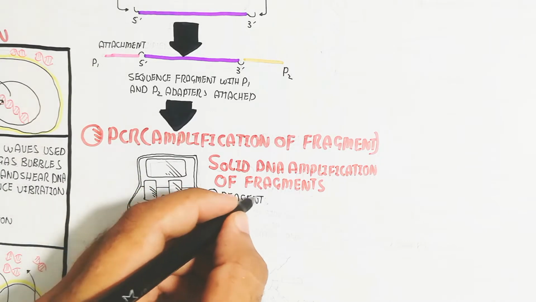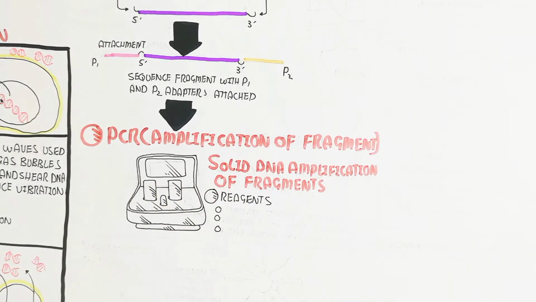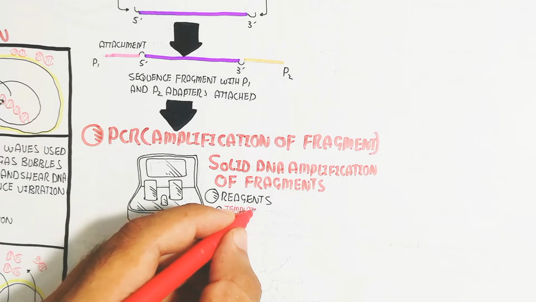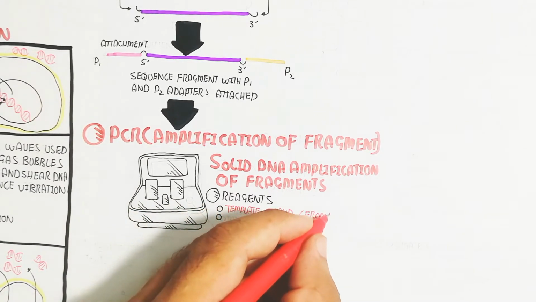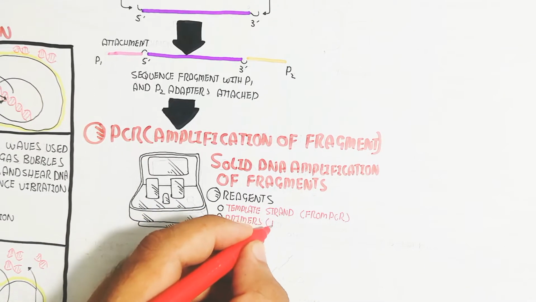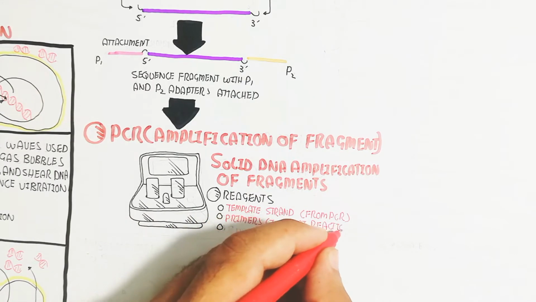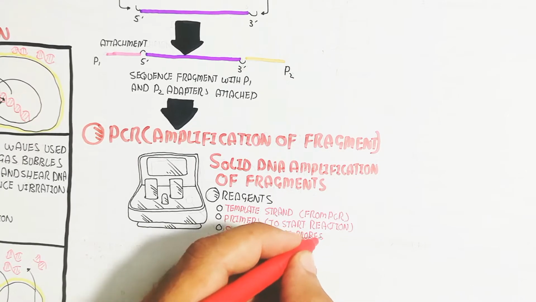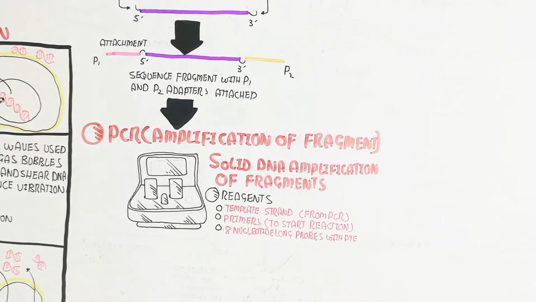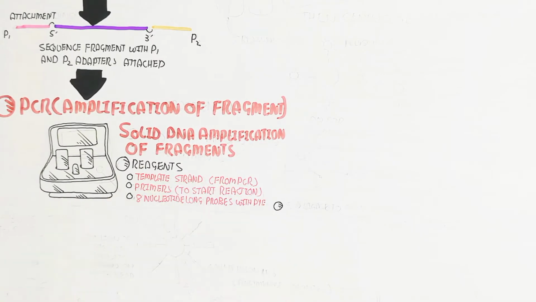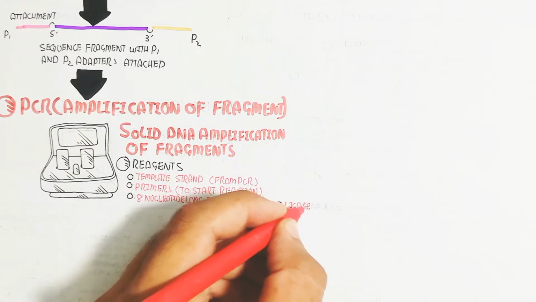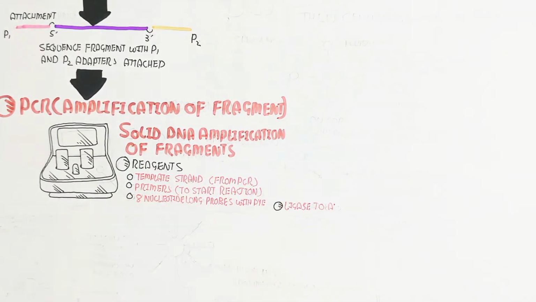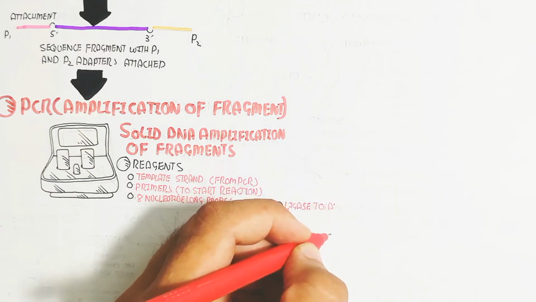Amplification means the number of segments will be increased by the reagents, using the template strand from PCR and the primers to start the reaction. The specific primer is used for amplification of a specific DNA segment, along with 8-nucleotide long probes with dye, which produce color, and a ligase to add the probes to the primer.